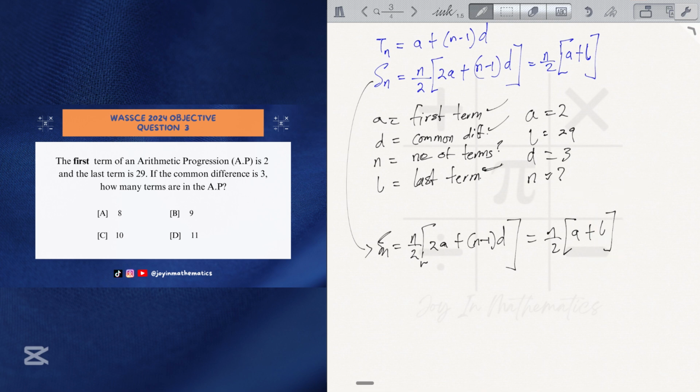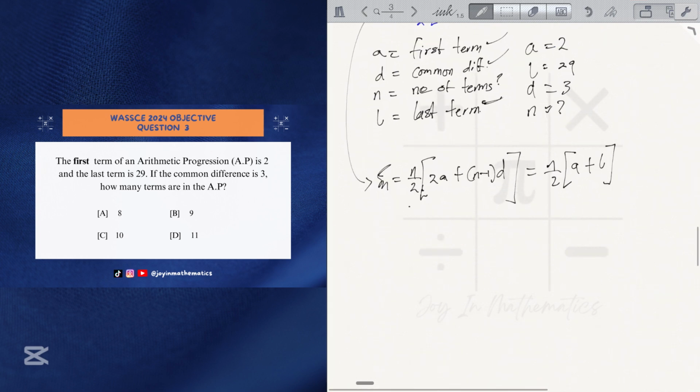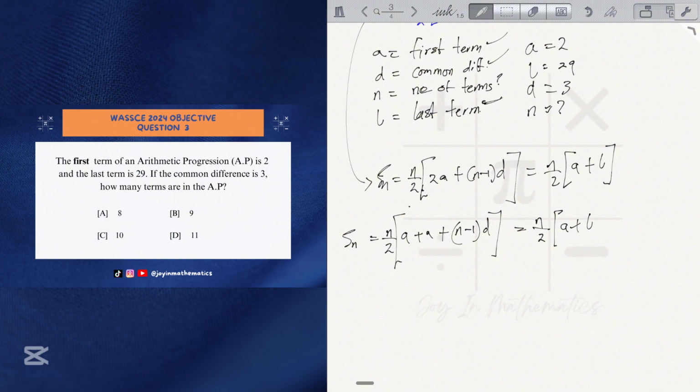That means we have to make this term similar to this, so we have an expression of l. So let's split this further. Sn, the sum of n terms, is n over 2 multiplied by 2a. Now let's make it a plus n minus 1 d, and we understand that this is equivalent to n over 2 into a plus l, where l is the last term.